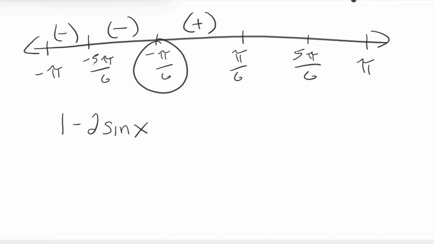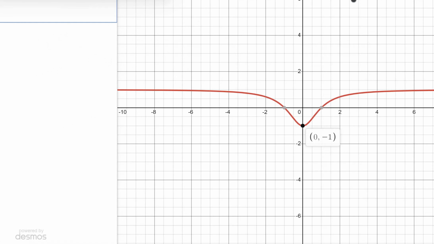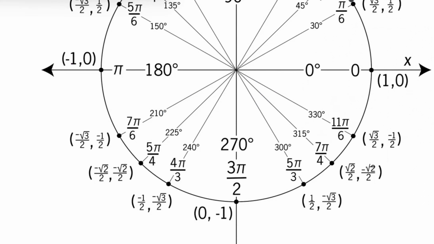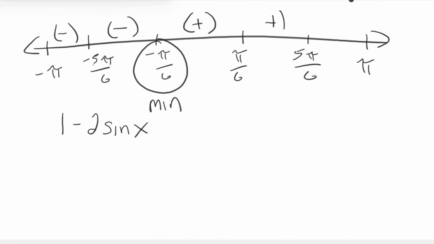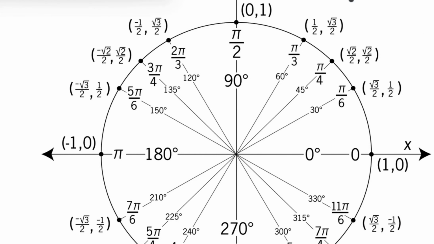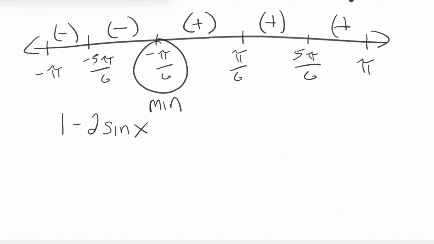So that right there is the minimum, because it's decreasing to it and increasing after it. If we're going from here to here, it's staying positive. And here to here, it's also positive. So I have a minimum. That's it.